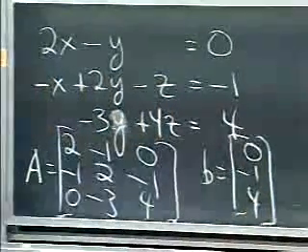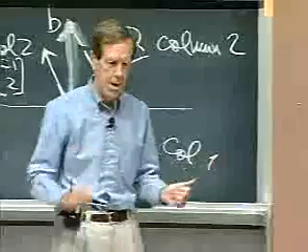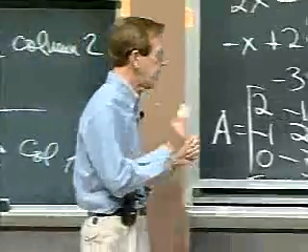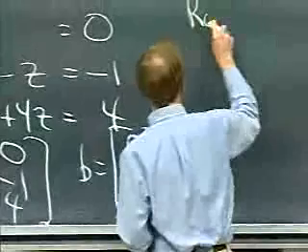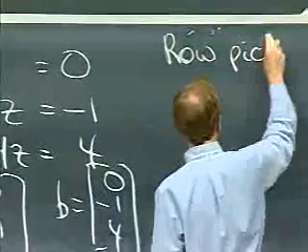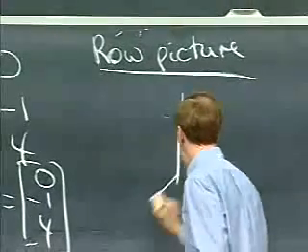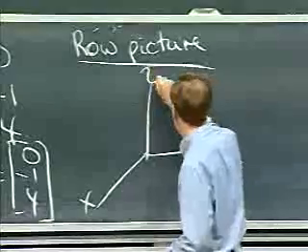Okay. That's the shorthand to write out the 3 equations. But it's the picture that I'm looking for today. Okay. So the row picture. All right, so I'm in 3 dimensions, x, y, and z.